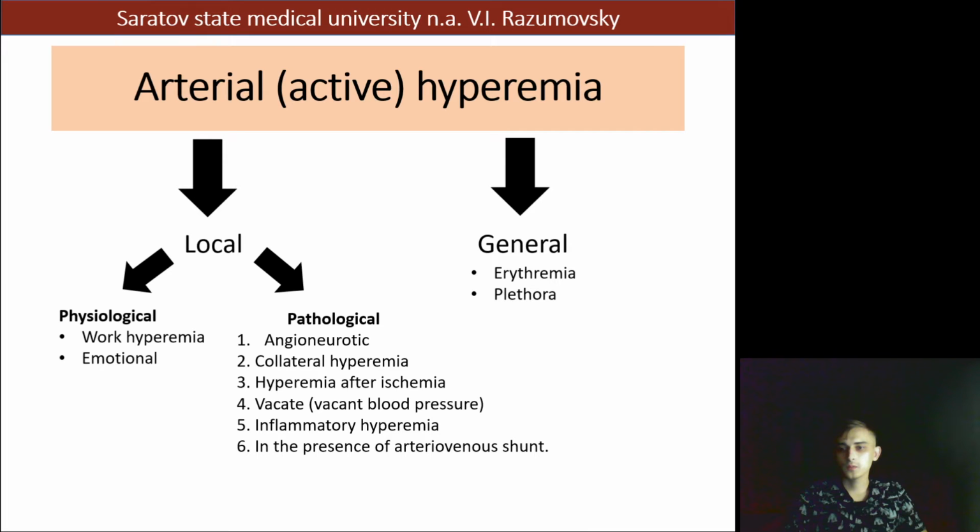Pathological hyperemia will be angioneurotic type, collateral hyperemia, hyperemia after ischemia, vacate form of hyperemia, inflammatory type, in the presence of arteriovenous shunts.